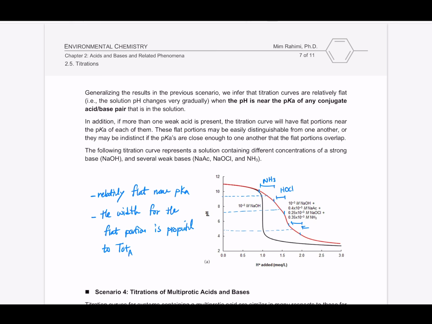For the acetate. So the width is the concentration, and then near what kind of pKa is basically telling us what kind of acid we have.